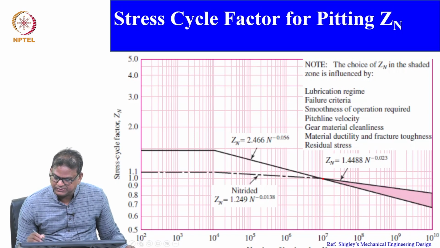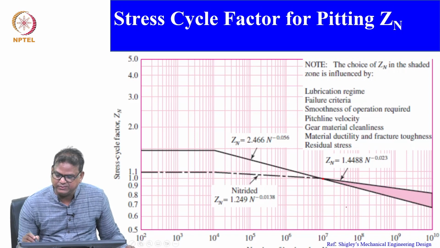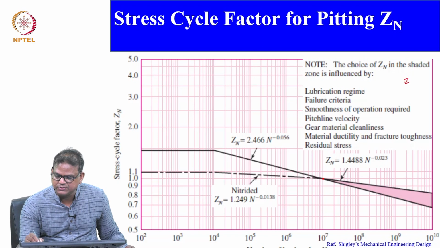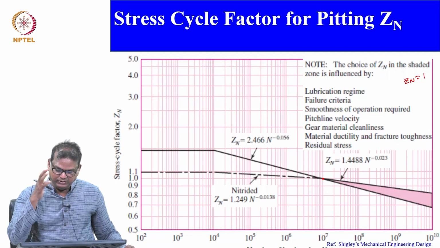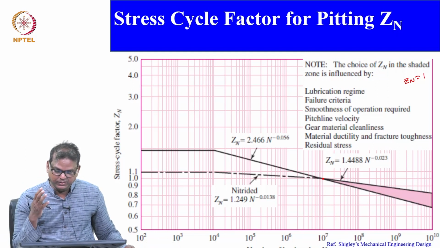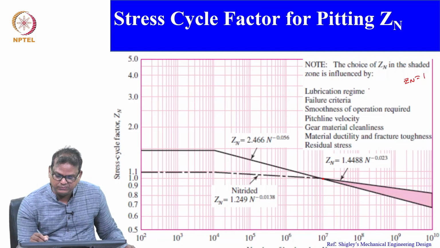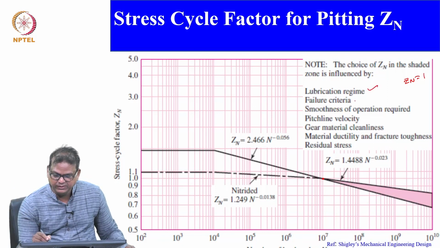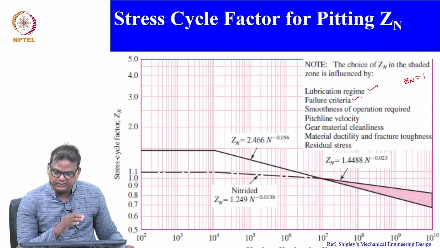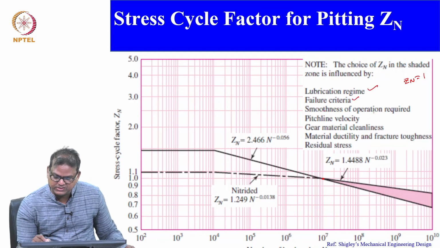So in this case, for Z_N here, I would assume Z_N equal to 1. Okay. Look, when you have bending, only 4 parameters are involved. Now for pitting, you need to know the lubrication regime. We will discuss that when we go to the lubrication aspect. The failure criteria depend on smoothness of operation, pitch line velocity, gear material cleanliness, and material ductility.